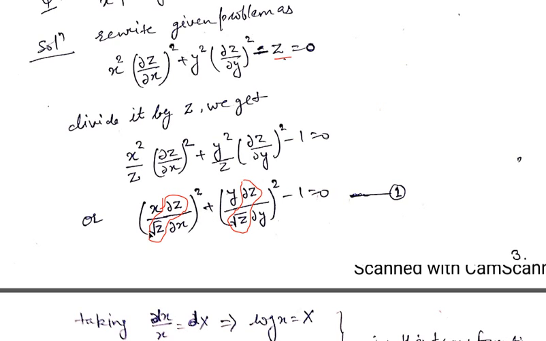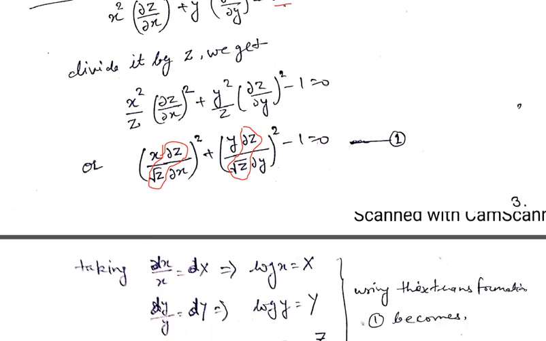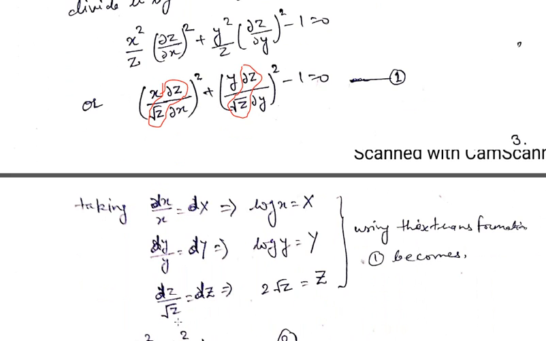So we can use some transformation which replaces del z upon root z with some dz. So let's take dz upon root z is equal to d of capital Z. So its numerator becomes dz, and at the same time let's take x del x upon x.